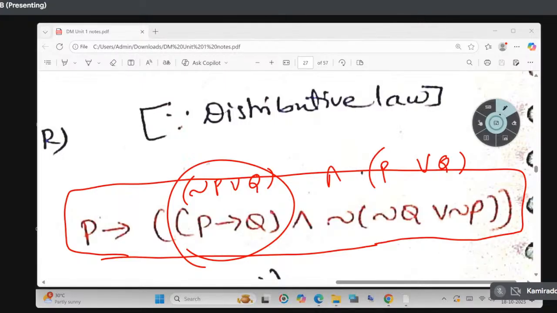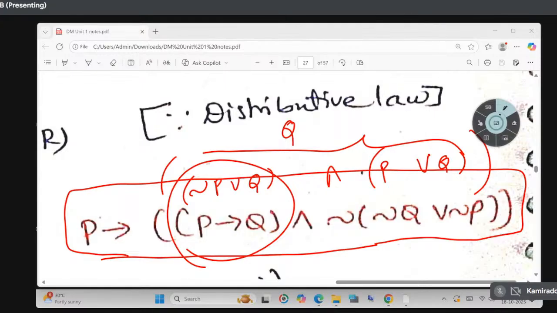So this complete term I am taking as Q right now, and this is P implies Q. What can I write? This complete term I am assuming as Q. So now my term became P implies Q. How can I write it?